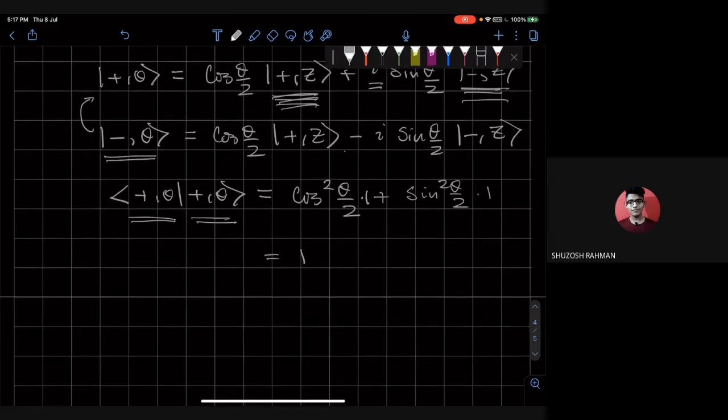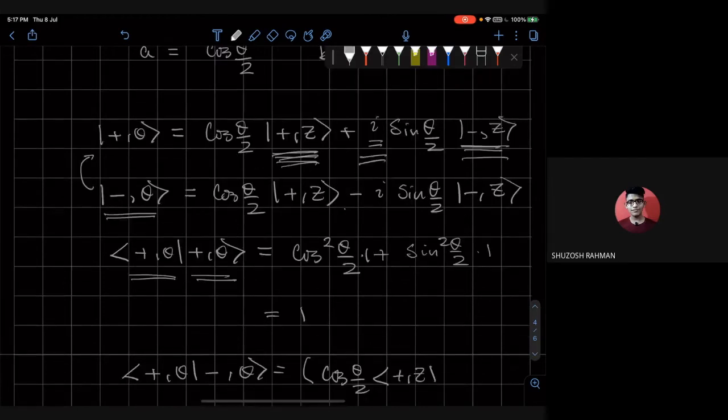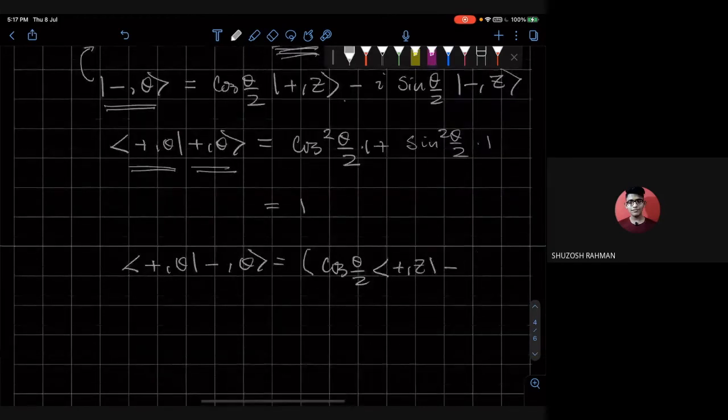But is it orthogonal? So let's see. Plus of theta, and then minus of theta. Now plus of theta is going to be cosine of theta by 2 plus z, and now this plus I will become minus I, and then I will have sine of theta by 2 minus of z.